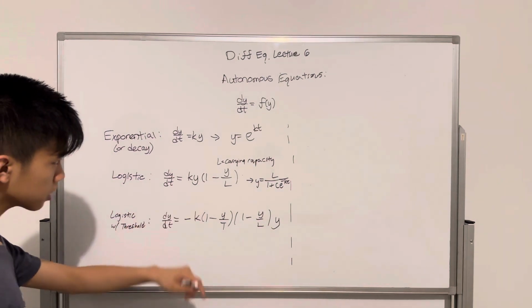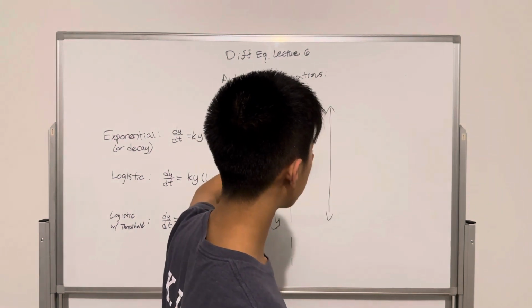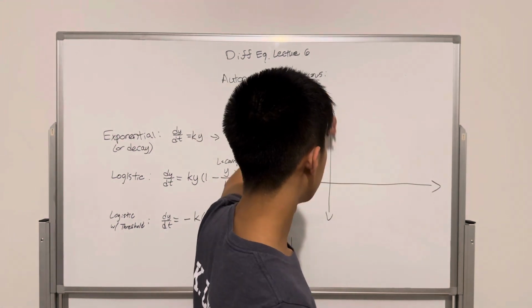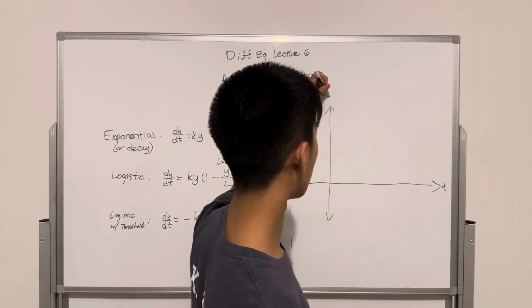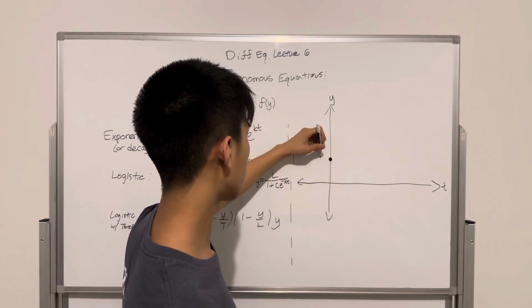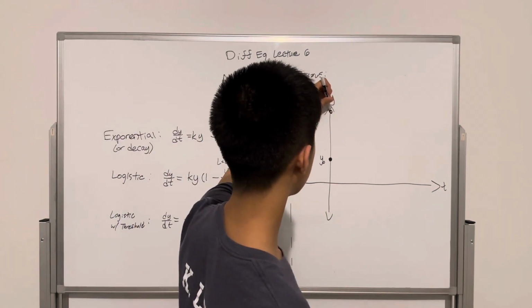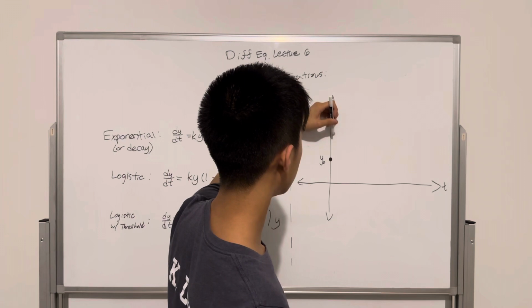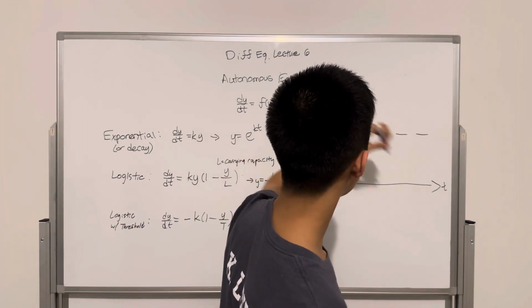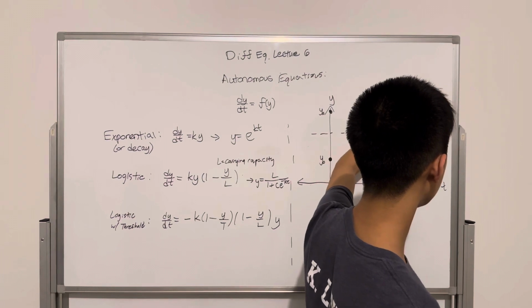So basically, if you have, say, a population that's growing, so you have t and y, it could start out at y0, it could start out here. And basically there's a threshold, which is L, or carrying capacity.